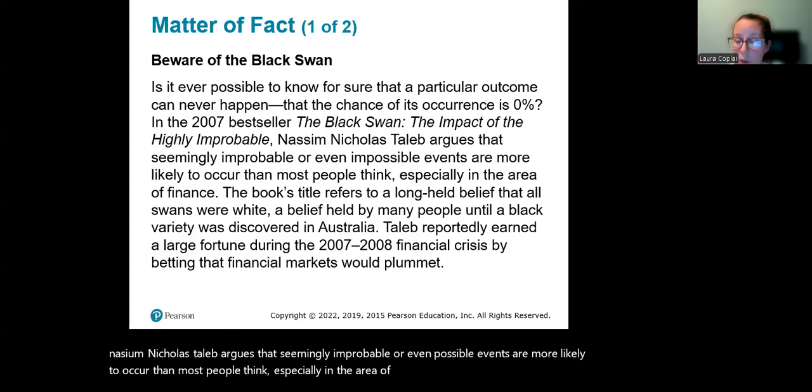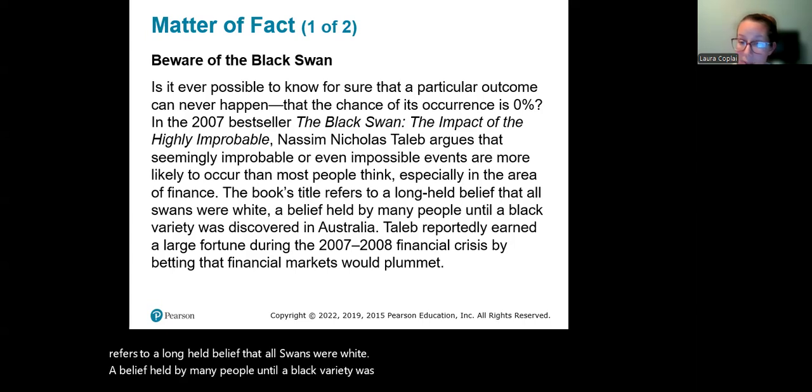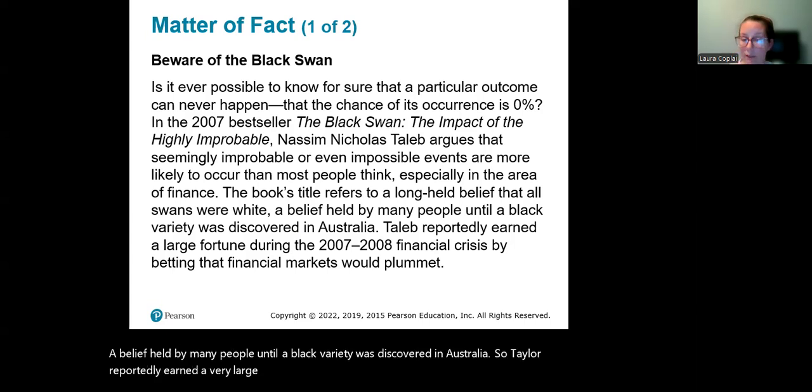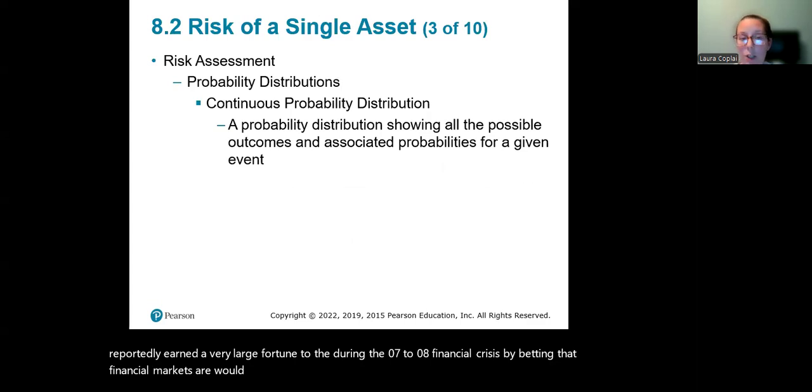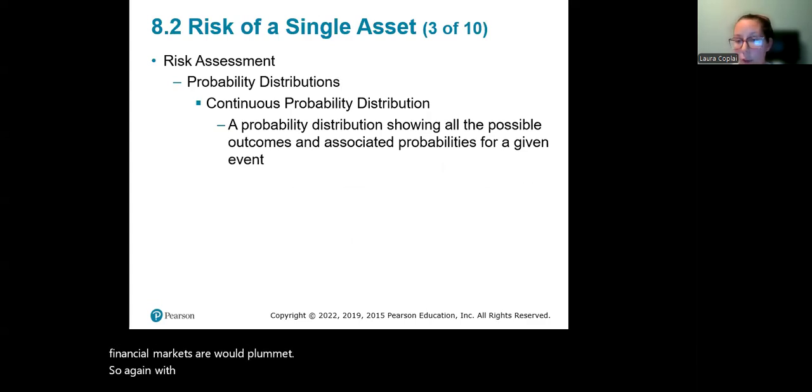The book's title refers to a long-held belief that all swans were white, a belief held by many people until a black variety was discovered in Australia. So Taleb reportedly earned a very large fortune during the 07 to 08 financial crisis by betting that financial markets would plummet. So again, with those probability distributions, we could also look at a continuous probability distribution.